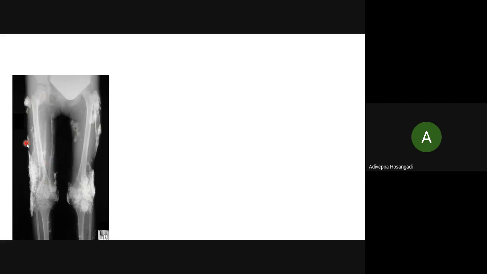It looks everywhere. Everywhere there is ossification of soft tissue. So this is a classical radiograph of myositis ossificans progressiva. You remember this picture whenever you encounter the word myositis ossificans progressiva.